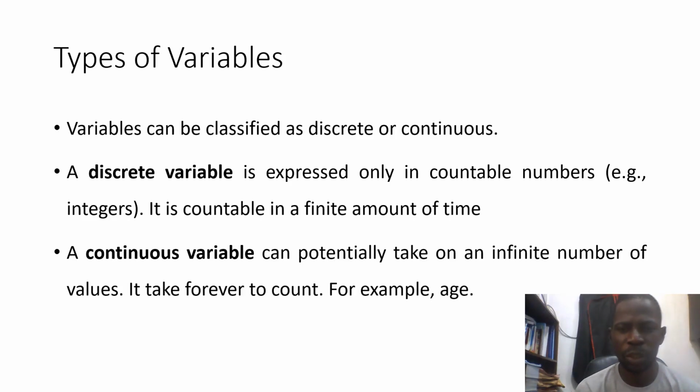However, as opposed to that, a continuous variable can take on infinite numbers of values. It takes forever to count. For instance, time. If you ask for somebody's time or age, it's difficult to say that this is the exact time.